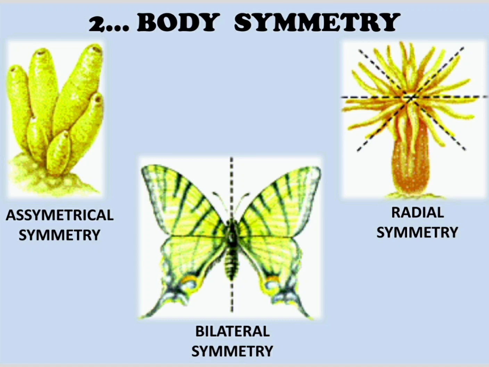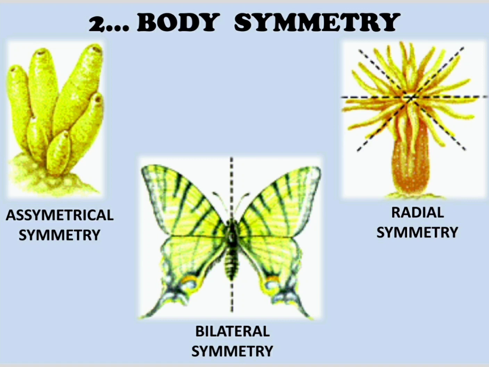I hope you remember your chapter of symmetry that we had done in maths in the 6th standard. Okay, you remember there are some alphabets which we cannot divide into equal parts. For example, the letter F, we cannot divide it into equal parts. The letter G, we cannot divide it into any equal parts. So those letters were called asymmetrical letters.